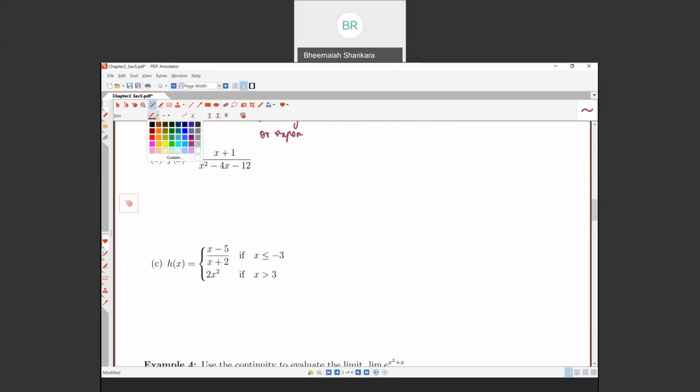Next, you have a rational expression, so try to factor the denominator. You can write the denominator as x minus 6 and x plus 2 when you factor the quadratic expression in the denominator. You always argue that the denominator should not be equal to 0. So write x minus 6 times x plus 2 cannot be equal to 0.